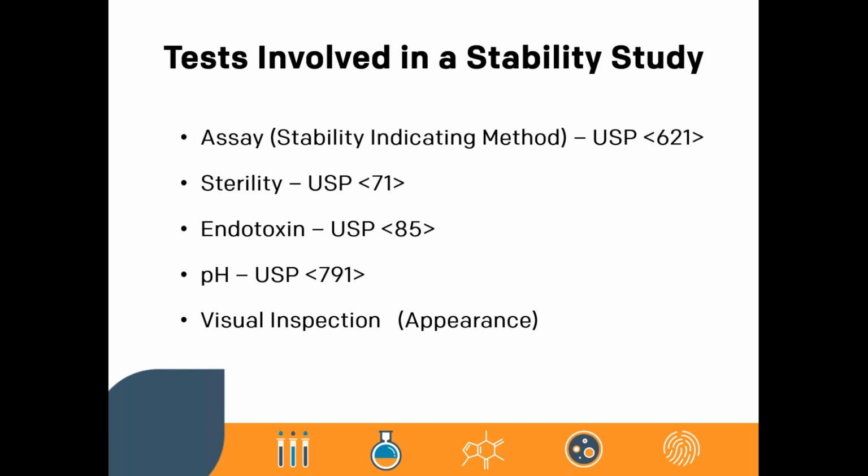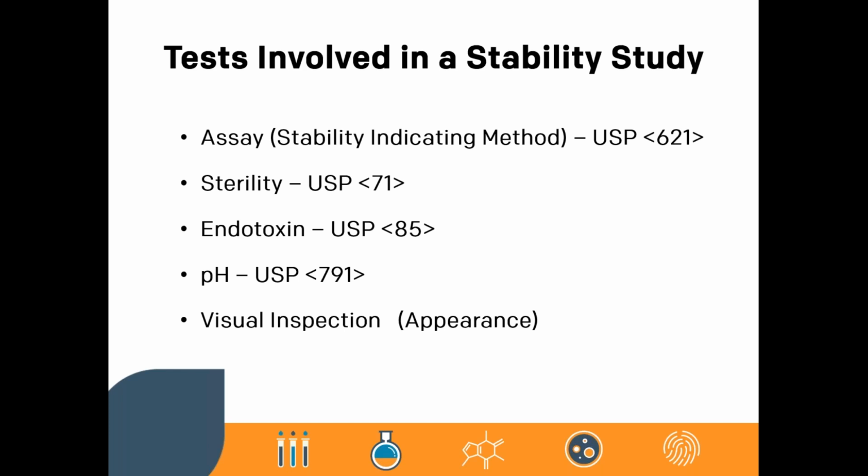A stability indicating method may or may not be used for potency, but a potency method may not be used as a stability indicating method unless it has gone through a stress and demonstrated that you can separate out the degradant or other impurities from the active. And I'll give some examples and discuss that later on as well.